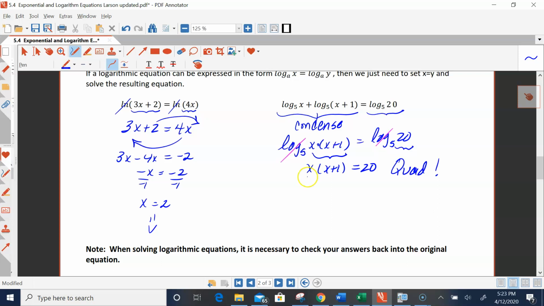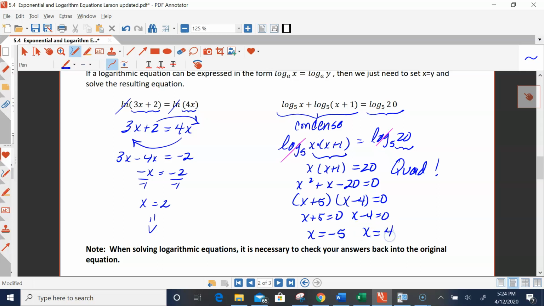Let's get all our terms on the left. x squared plus x minus 20 equals 0. I believe this one's going to factor: x plus 5, x minus 4. Negative 20, positive 1. Okay, and then once we have it factored, we set them to 0, and we get a solution of negative 5 and a solution of 4.